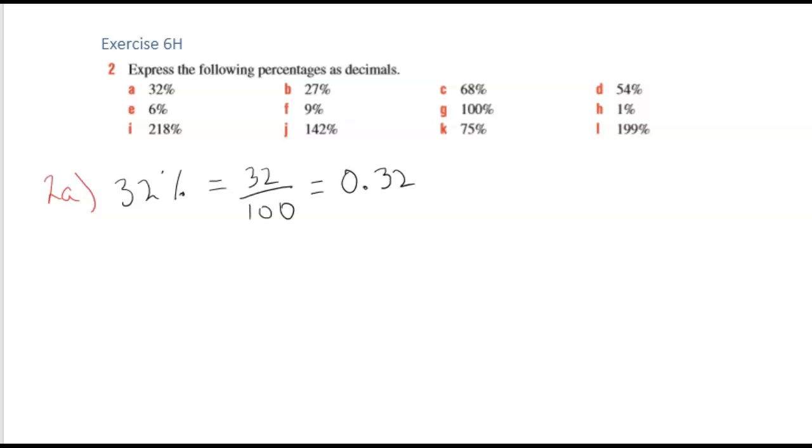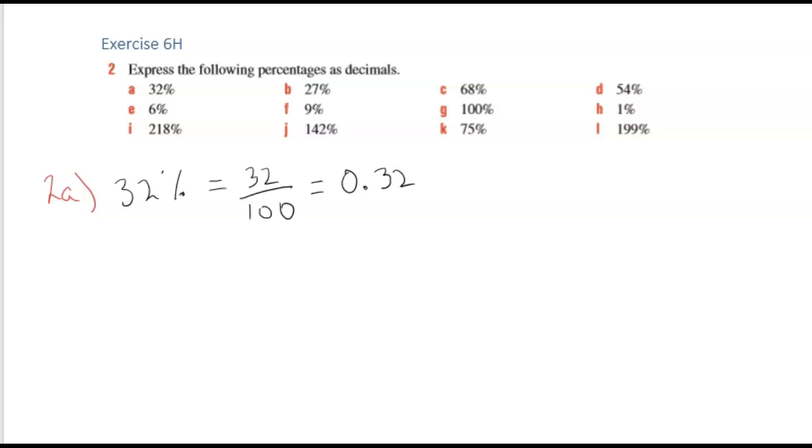0.32. It's quite a good idea to go from percentages to fractions and then to your decimal, understanding that we're dividing by 100, or 32% is out of 100.